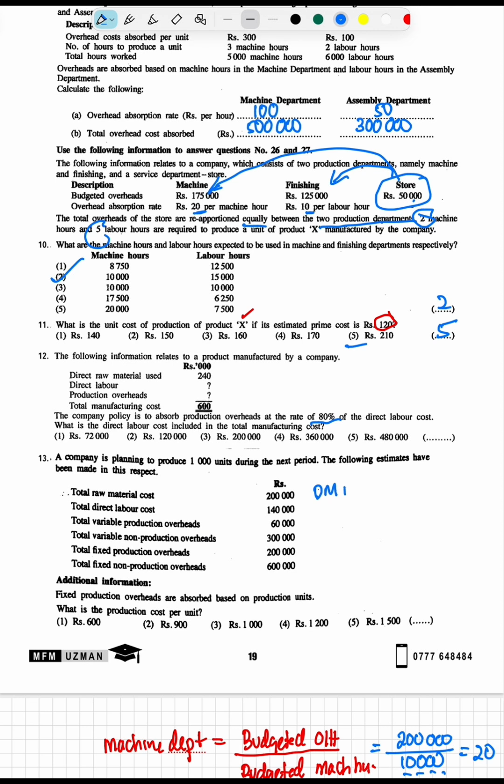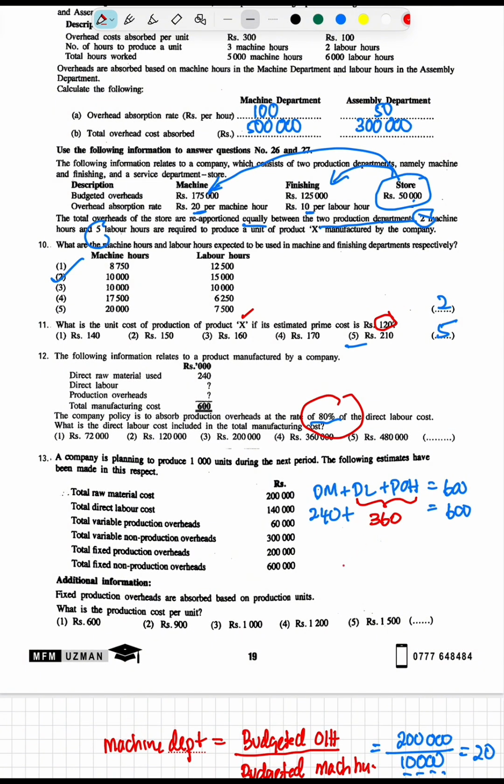Direct material plus direct labor plus production overhead is equal to 600, and this is 240. So you can understand, if this is 240, the direct labor and production overhead both are equal to 360, and the clue they are giving is the production overhead is 80% of the direct labor cost.